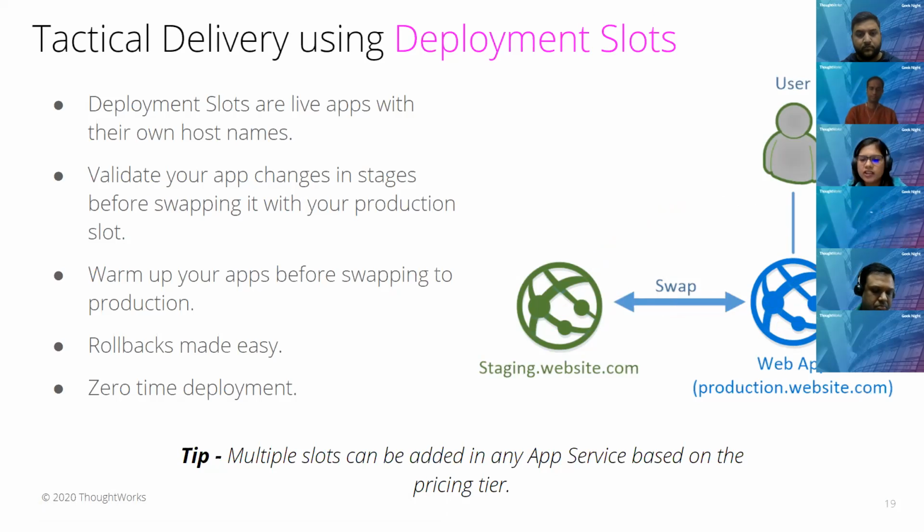So we are able to achieve all this using deployment slots. We can add n number of slots in the same app service depending on the pricing tier you have selected. If you have gone for P1, P2, it allows you to add 10 slots. So based on your application requirement, you can add multiple slots in your application.